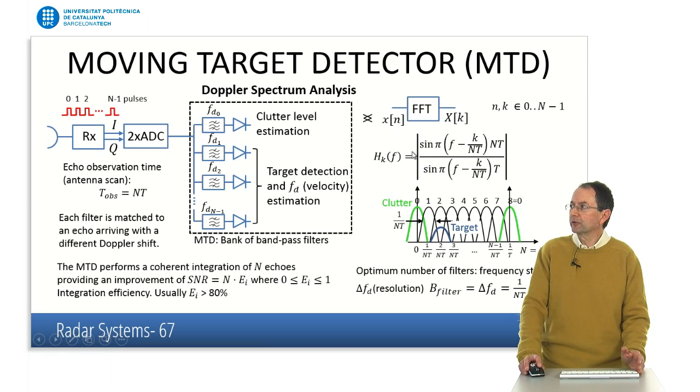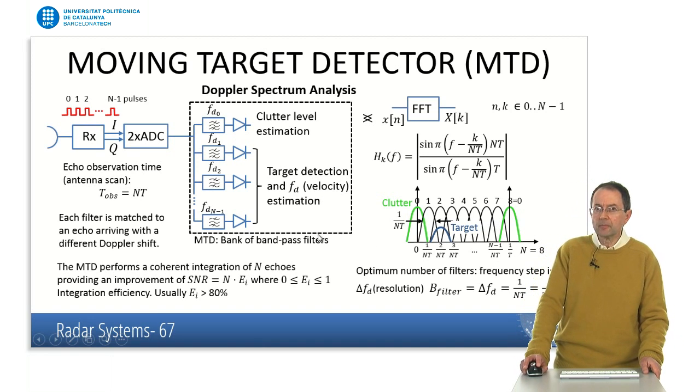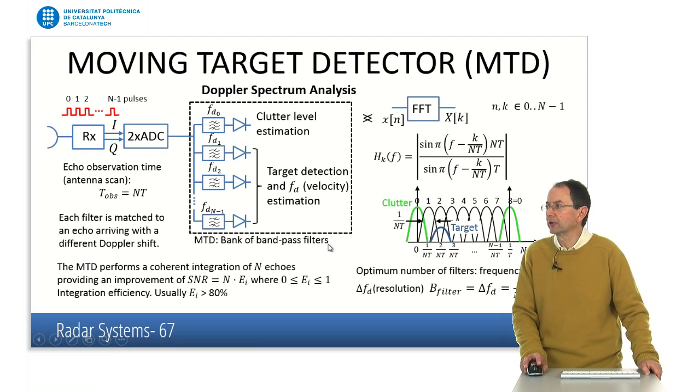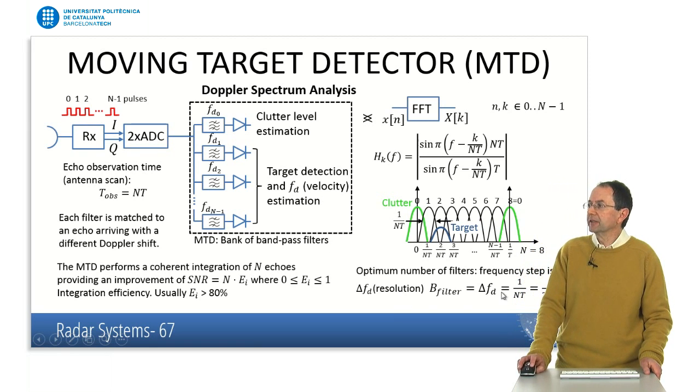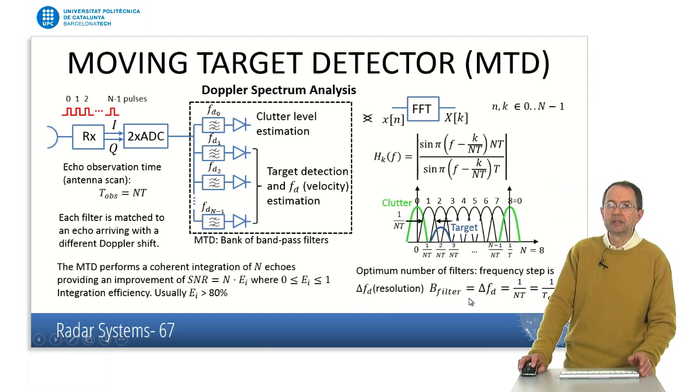This is the response for each one of these outputs of the FFT. It corresponds to one of these filters, and this is the way it is often done in the implementation of the MTD. So finally, the Doppler resolution of the MTD system is 1 divided by the observation time, which is nT.